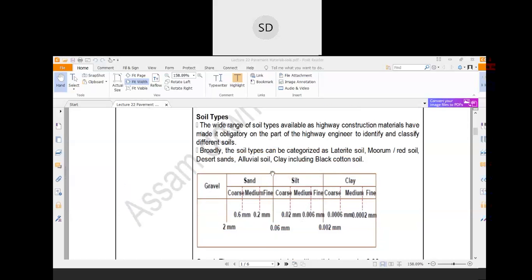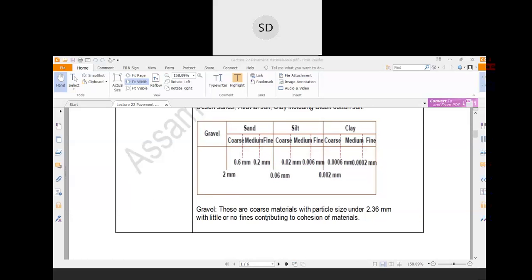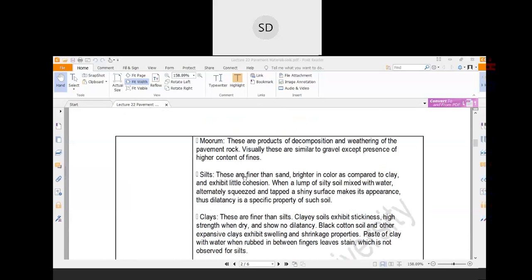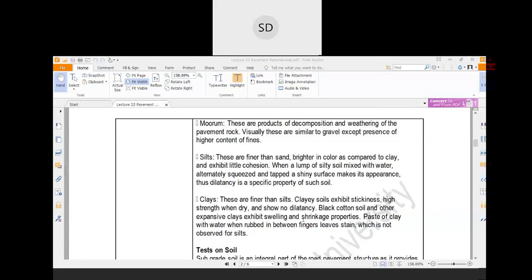Basically, there are different types of soils and particle sizes. Gravel consists of coarse materials with particle size under 2.36 mm, with little or no fines contributing to cohesion of materials. I am not going into details about all these.